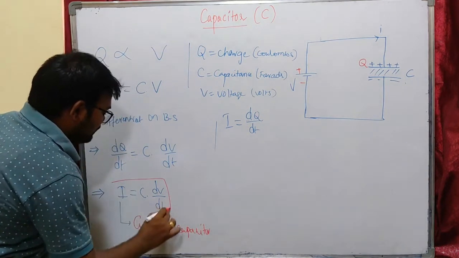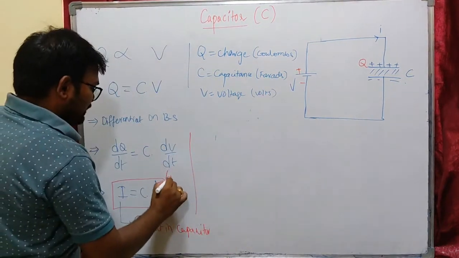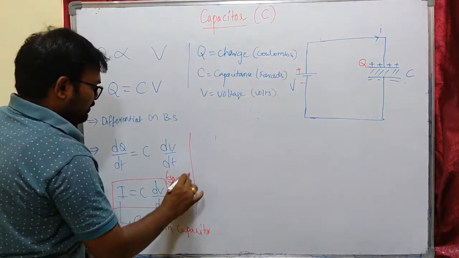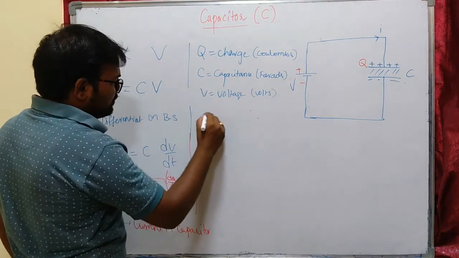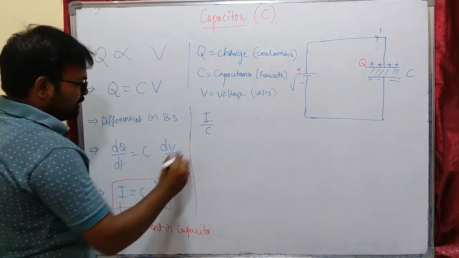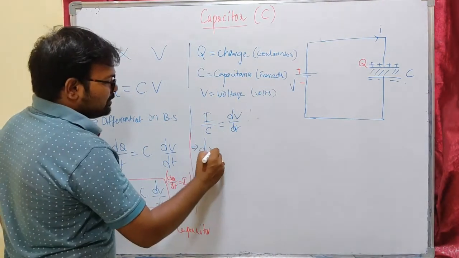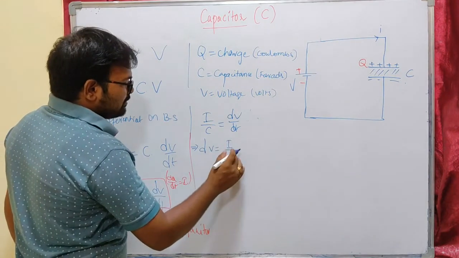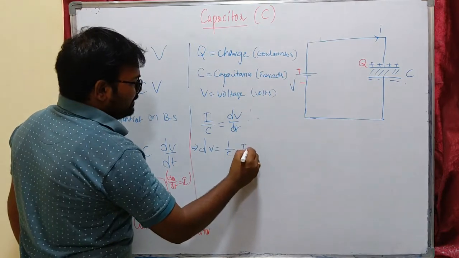Now you can find the voltage also. Here I am replacing dq by dt with I. You can shift the rest to the opposite side, that is I by C equals dV by dt. So dV equals 1 by C times I dt.